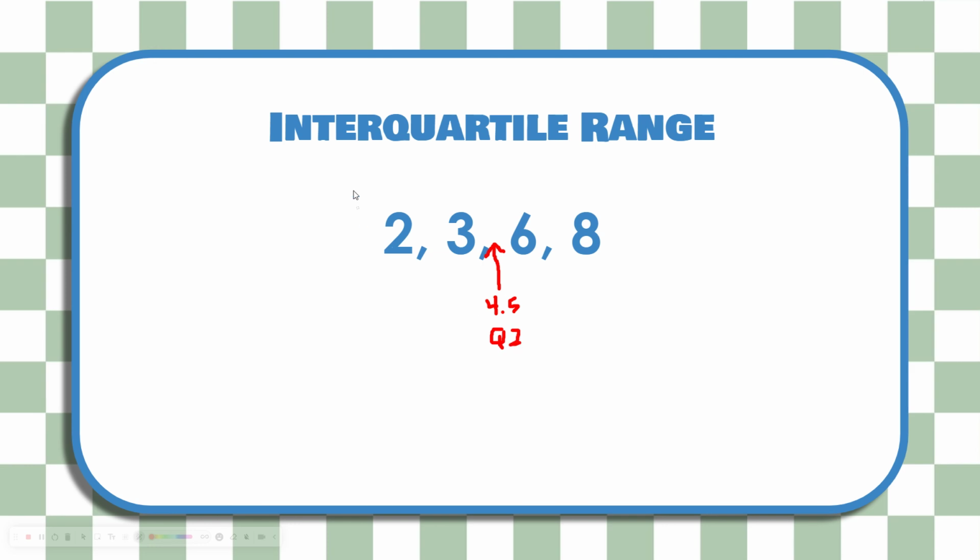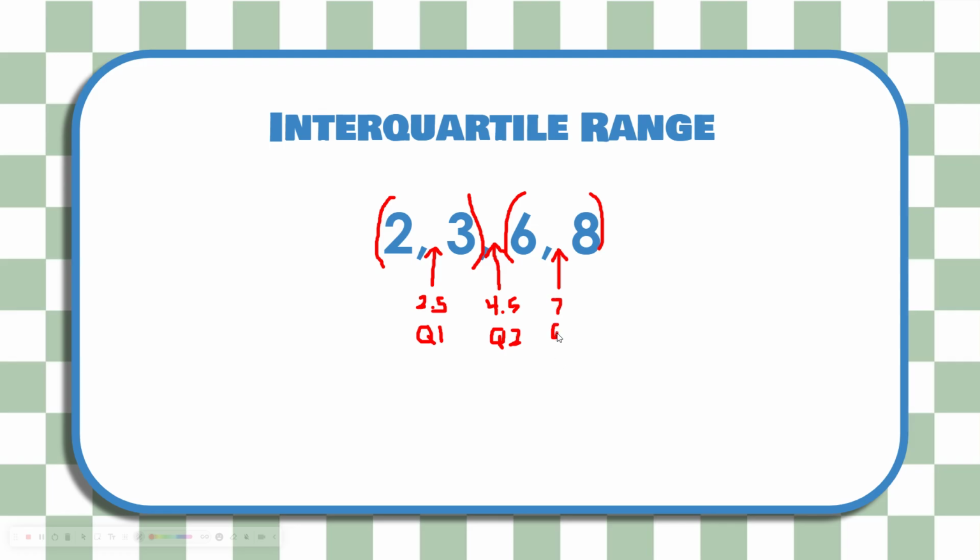All right, now we need to take the middle of the lower half of the data, which you got to think, okay, what's right in between 2 and 3? That's pretty easy. That would be 2.5. So that would be Q1. And then we need to take the middle of the upper half of the data, which right between 6 and 8 would be 7.